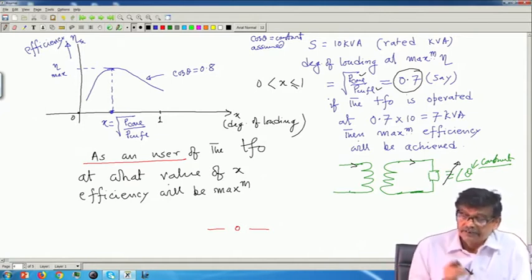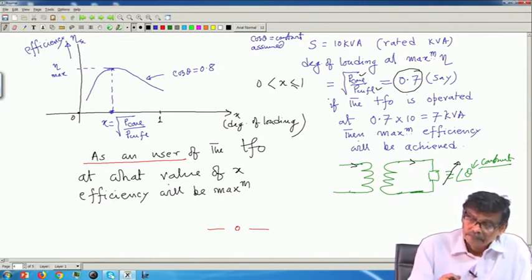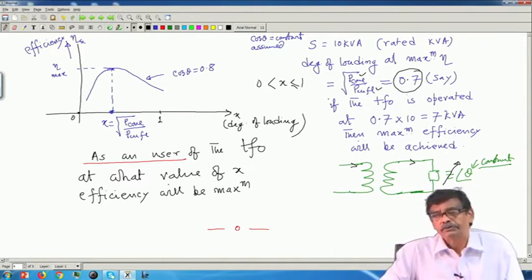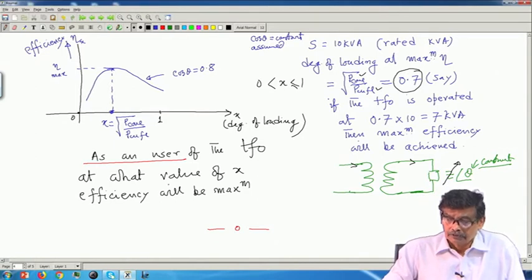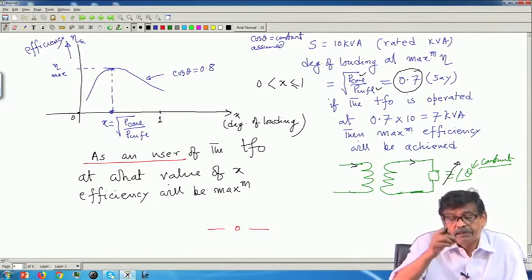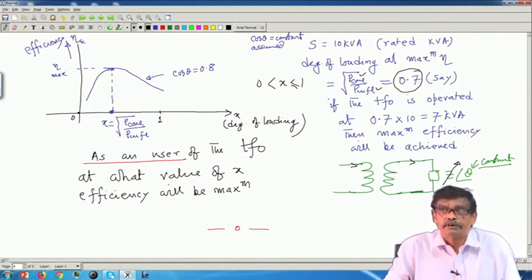Now, I am asking you: while purchasing a transformer, should I also tell the manufacturer, okay, design my transformer in such a way that the value of x at which maximum efficiency occurs is so much?